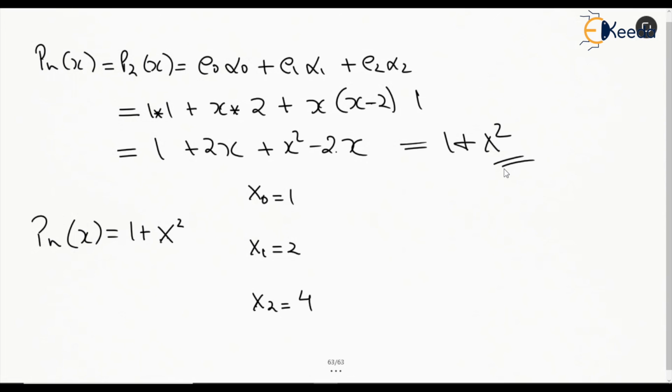If you put x naught equal to 1, we will get f naught equal to 1. For this we will get f1 equal to 5, and for this we will get f2 equal to 4 square plus 1, which is 17. So these were the values we were provided with. So that means this is fine.